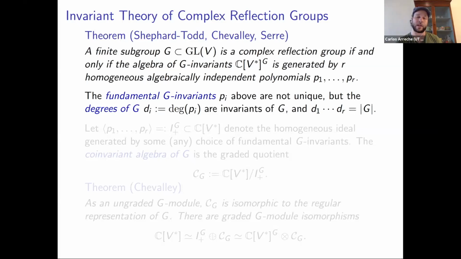And as you know, there are two standard competing choices for generators of the algebra of symmetric polynomials. So you have two different very natural ways to choose these p_i's, but their degrees are still 1 through r, and when you multiply them out, you get r factorial, which is the order of the symmetric group. So that's the kind of thing that happens in general.